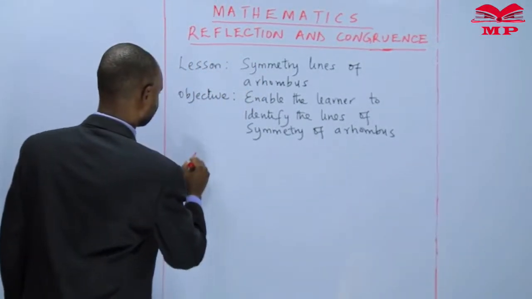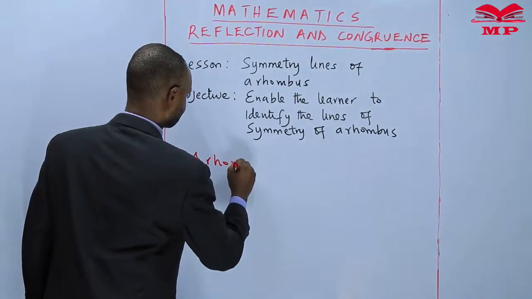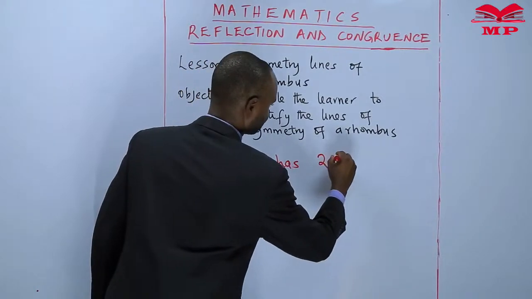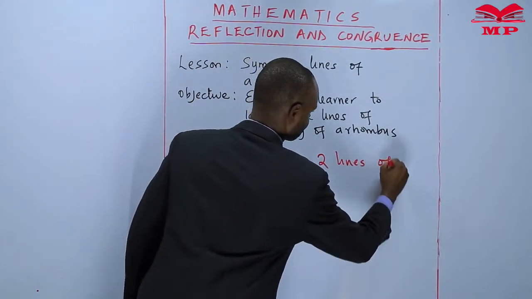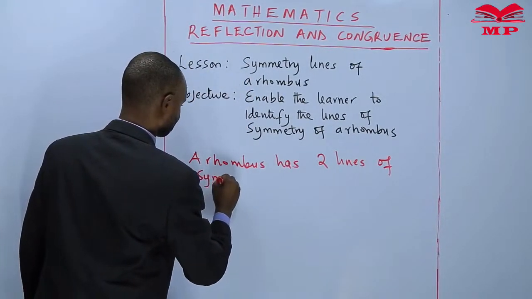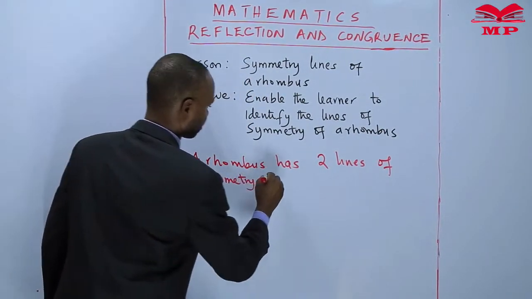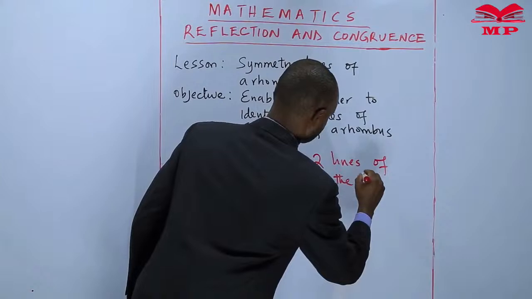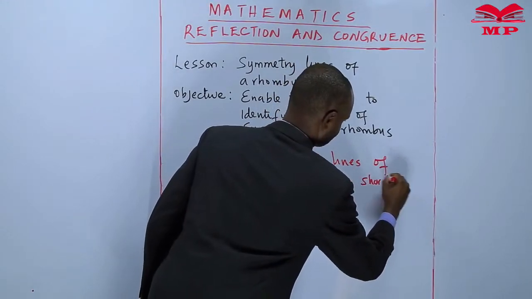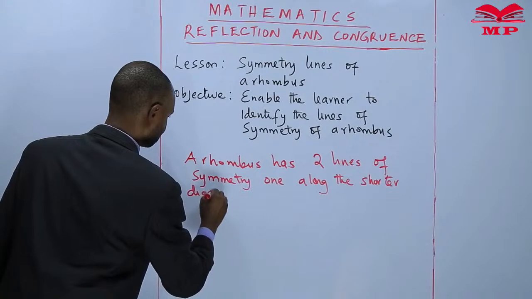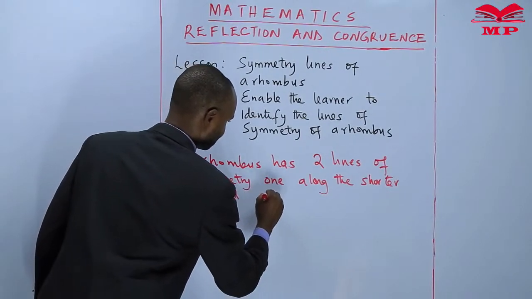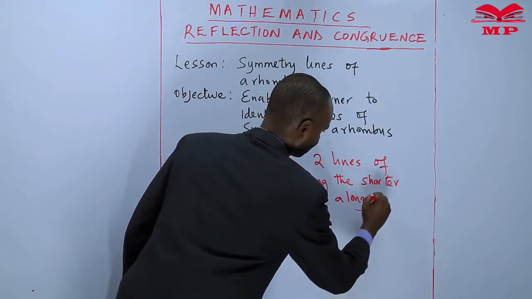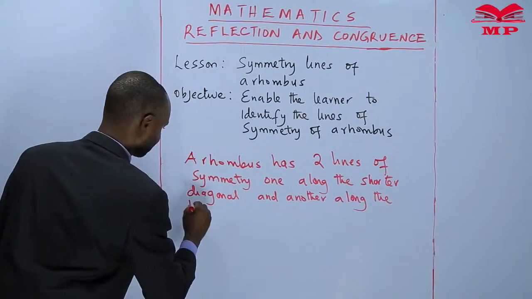A rhombus has two lines of symmetry, one along the shorter diagonal and another along the longer diagonal, as demonstrated.